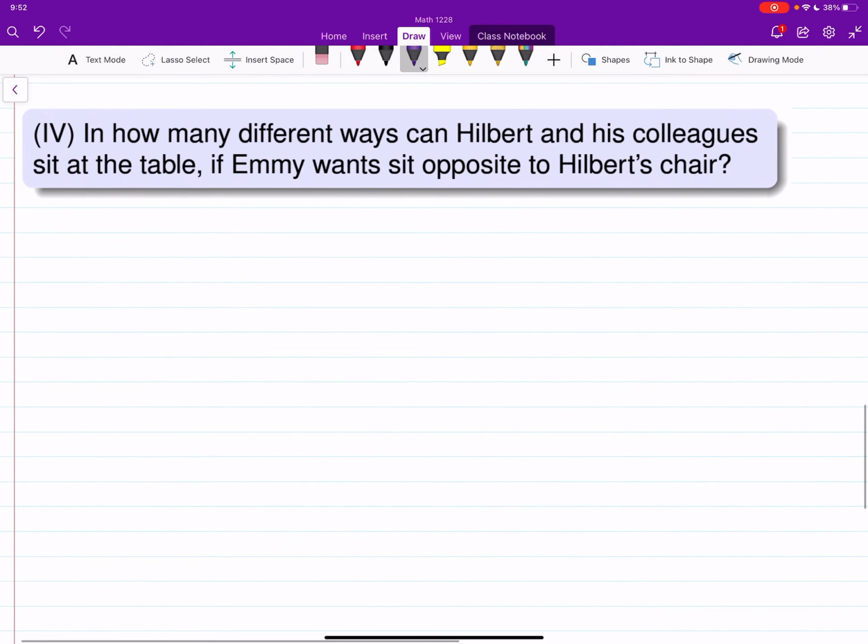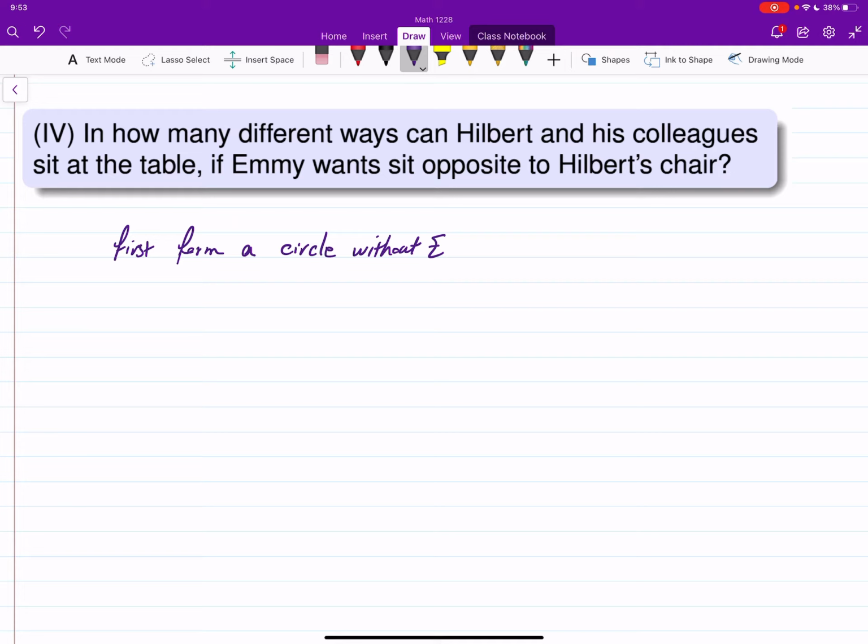In how many different ways can Hilbert and his colleagues sit at the table if Emmy wants to sit opposite to Hilbert's chair? So wherever Hilbert sits, we want Emmy to be on the opposite chair. Okay, so what do we do in this case? This is a trick that you have to keep in mind. First form a circle without Emmy, which means we put aside Emmy.